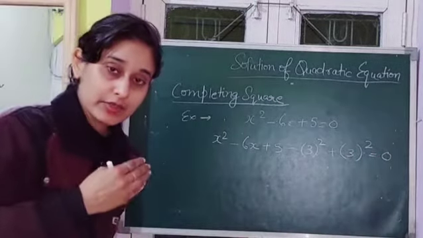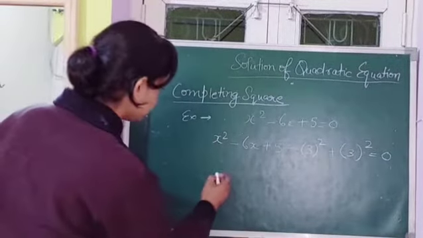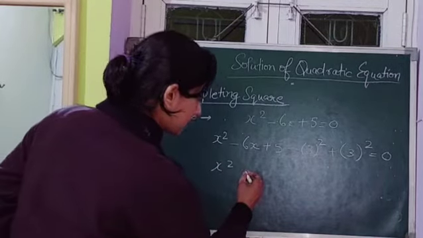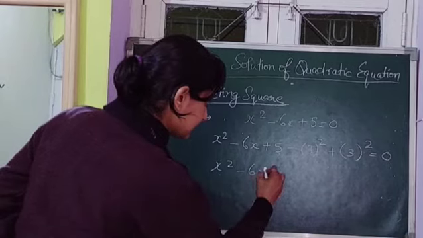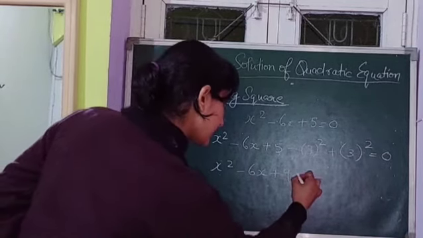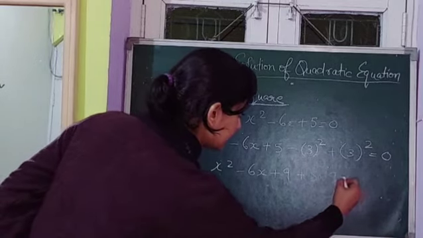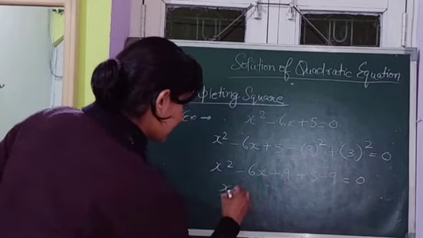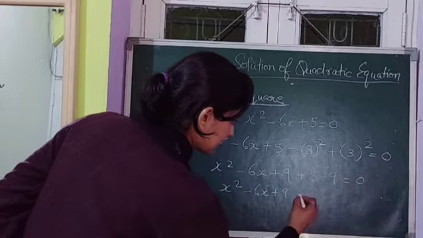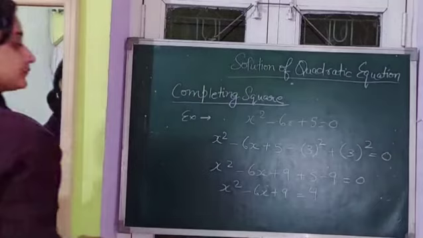In the next step, we rearrange this to solve the equation. x square minus 6x plus 9 plus 5 minus 9 equals to 0. x square minus 6x plus 9 equals to, this will be solved as 4.